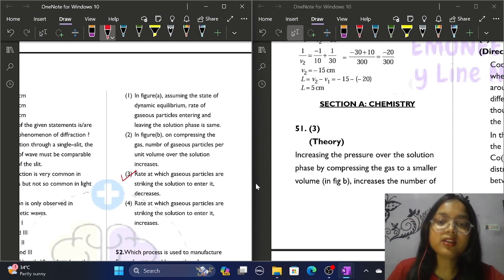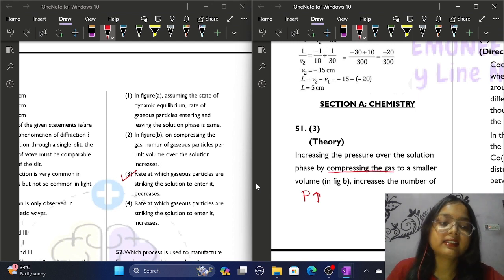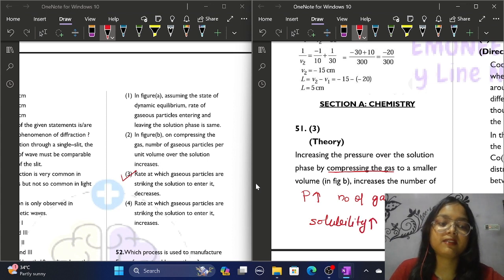But why is it so? As the pressure increases, which will be due to the compressing of the gas, the number of gaseous particles increases, and the solubility will accordingly increase until a new equilibrium is developed.